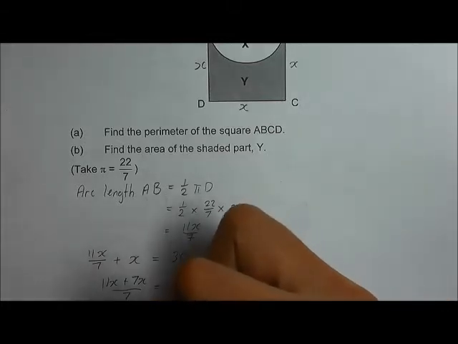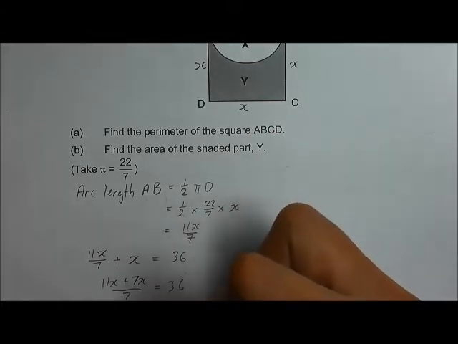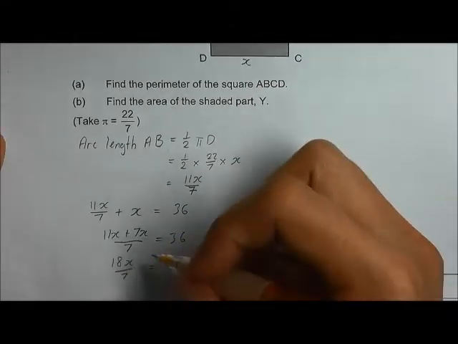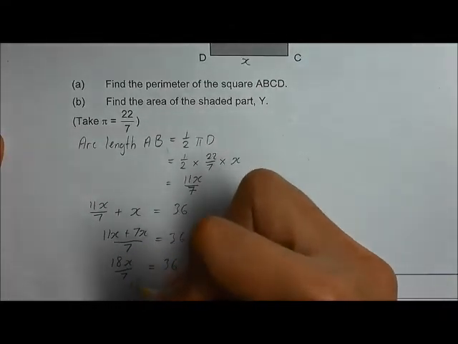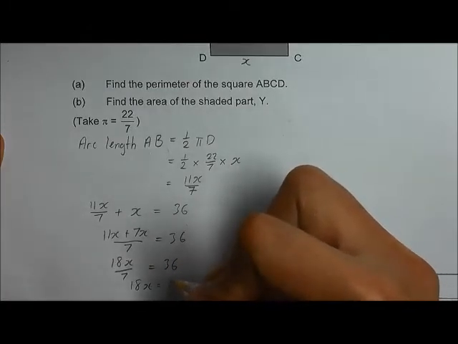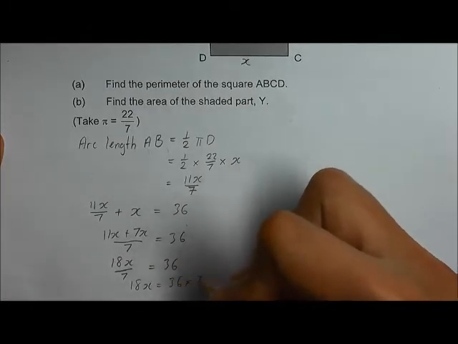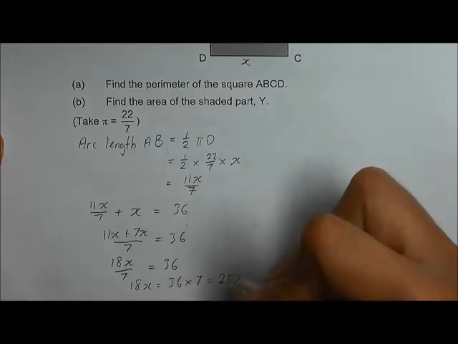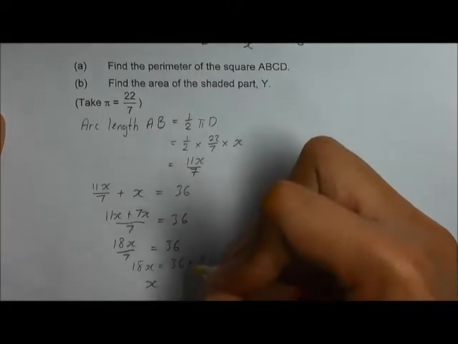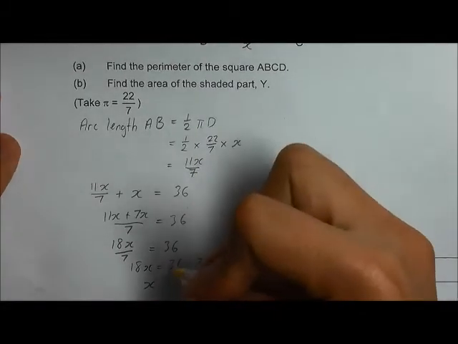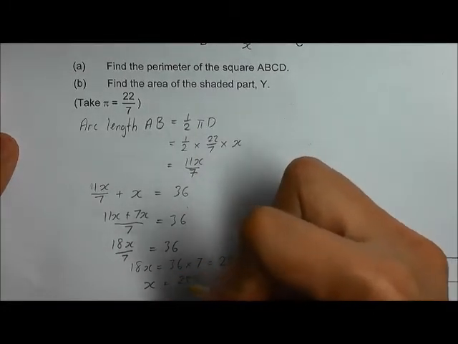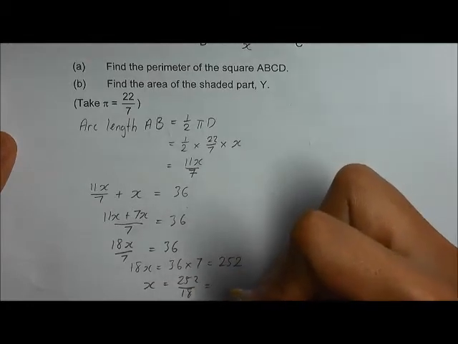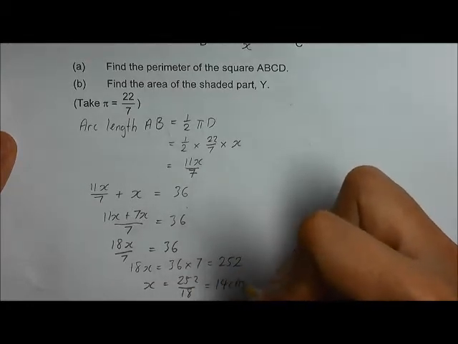So 18x over 7 is equal to 36. So 18x is equal to 36 times 7, which is 252. So x in this case is just 252 divided by 18, and we have 14 cm.